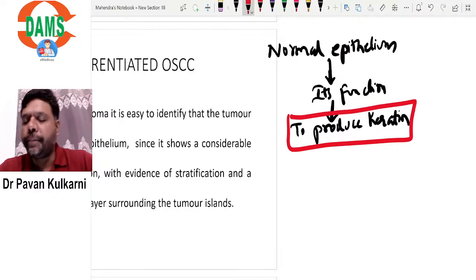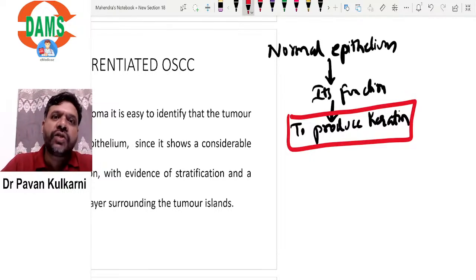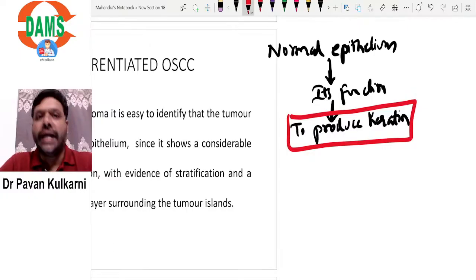Now, if I am calling a tumor well differentiated, that means it is showing maximum resemblance to the normal parent tissue, so it should also produce keratin. Well differentiated squamous cell carcinoma should also show the presence of keratin.